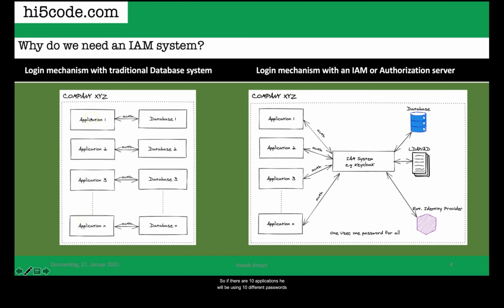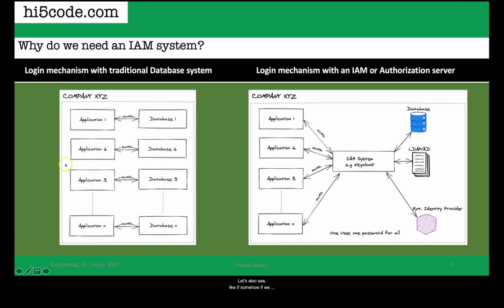So if there are 10 applications, he will be using 10 different passwords. Imagine that the user will have to remember all his passwords. In this case, other applications will not be compromised, but there will be a memory load or a pressure on the user to remember all the passwords, which is kind of difficult for some people, but maybe some people can still remember it.